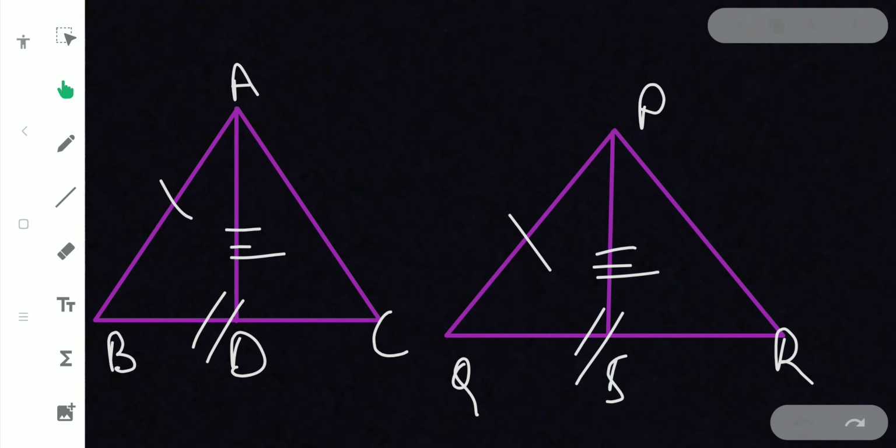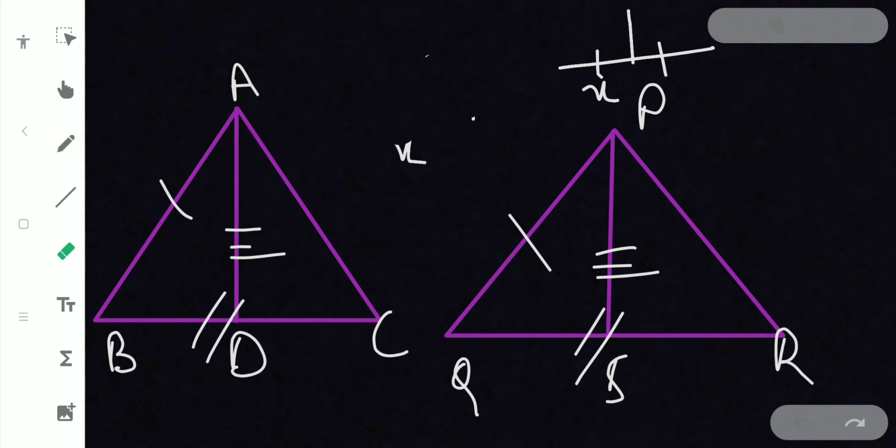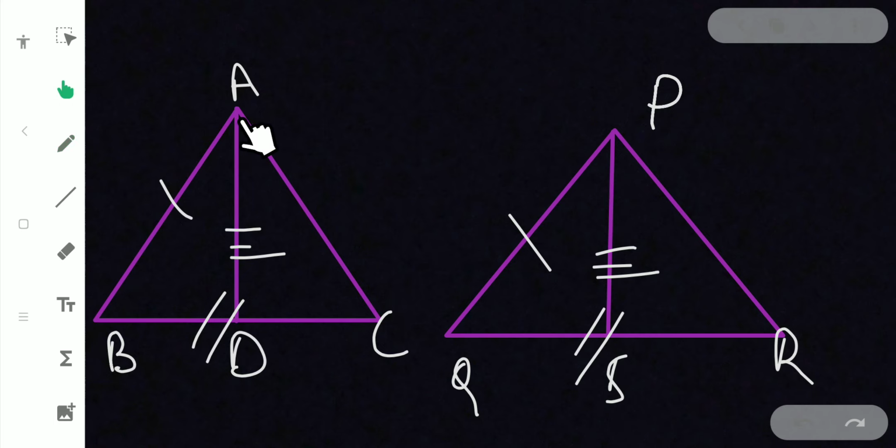Now you know AD is a median, and same way here also, if this is x length, this is also x length, and here a median is drawn, so this part will be equal, same way these parts also will be equal. When those two parts are equal, when I divide them also they will be equal. So I have divided them into two equal parts because the median is drawn.